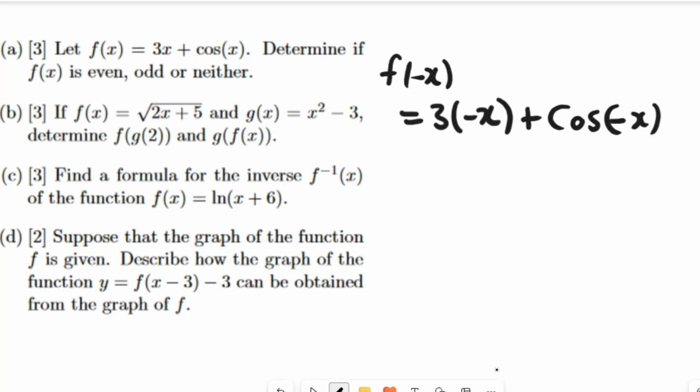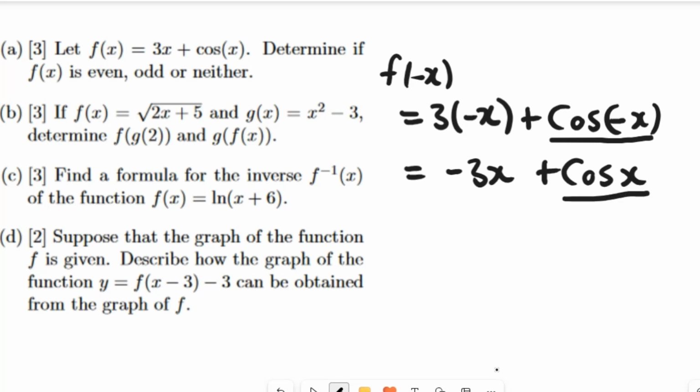Simplifying this, we will have minus of 3x plus cos of x. Why? Because cos of a negative angle is the same as cos of the very same positive angle.